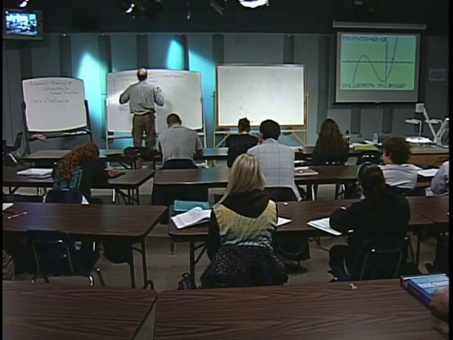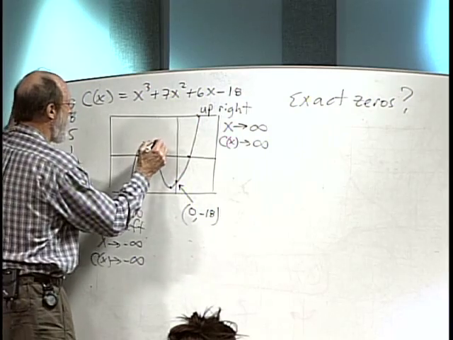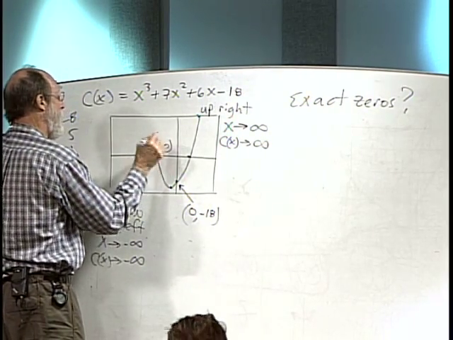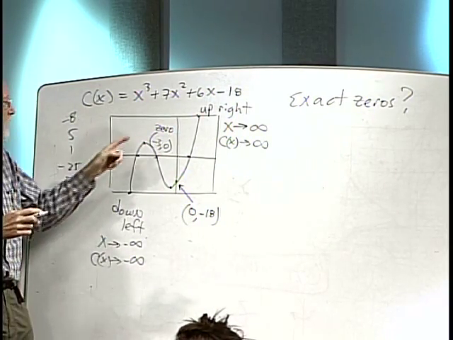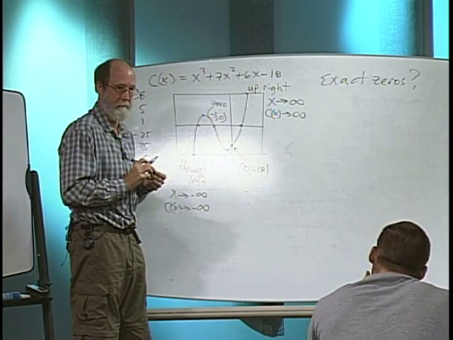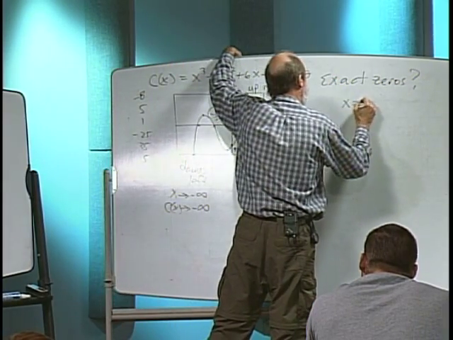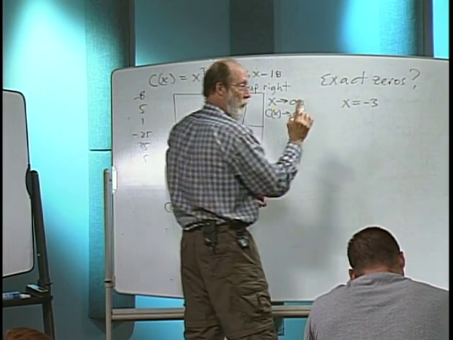We were able to see that -3 works as a 0, precisely. So if x equals -3, then watch this.